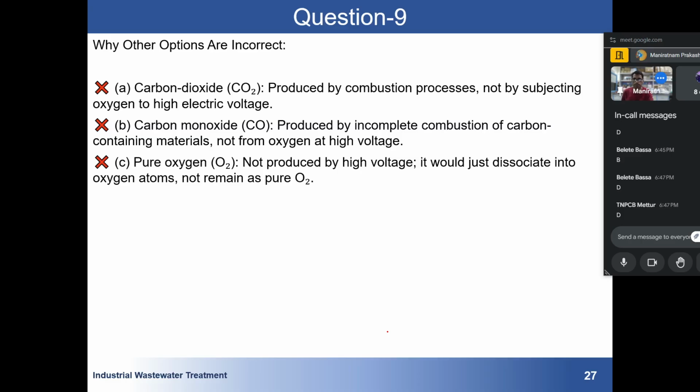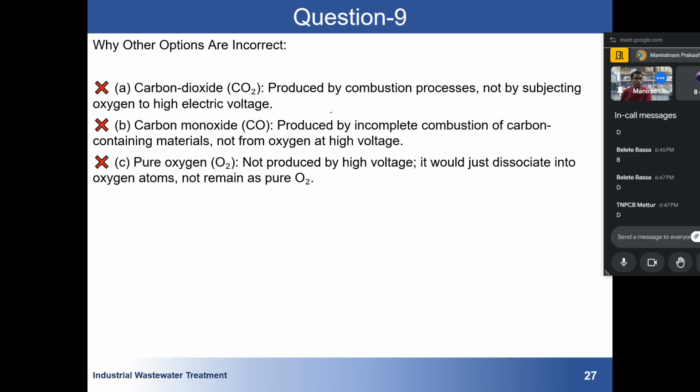The other options: carbon dioxide is produced by a burning process. If you burn any carbon-containing material in the presence of oxygen, there will be production of CO2. Carbon monoxide: if we are burning but restricting the oxygen, then there are high chances that CO will be produced by incomplete combustion.